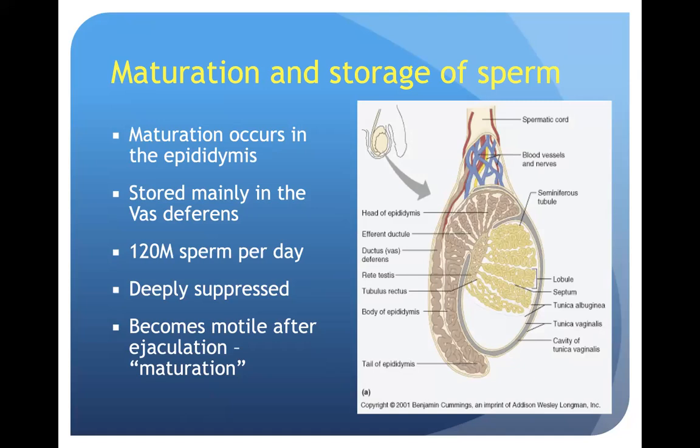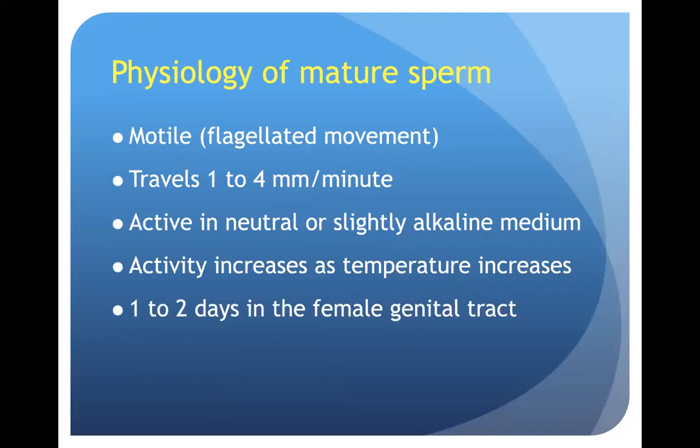And that's the only time na considered physiologically mature na yung sperm cell. So, as mentioned, a mature sperm is considered physiologically mature once it is motile, or meron na siya ng flagellated movement.